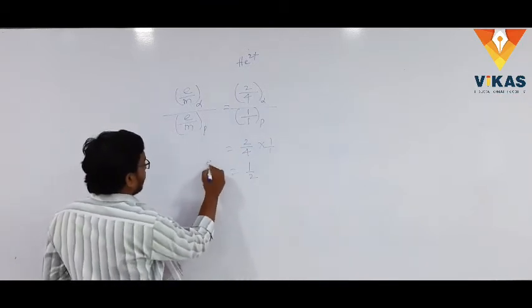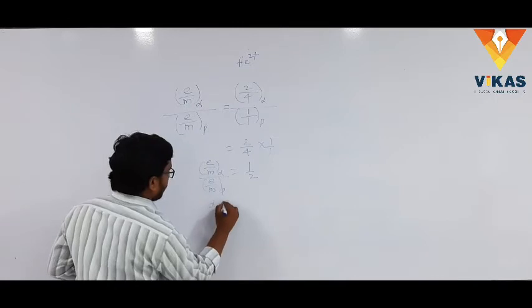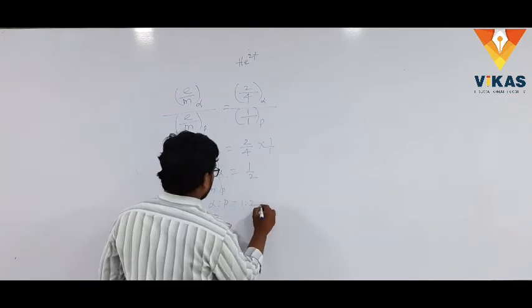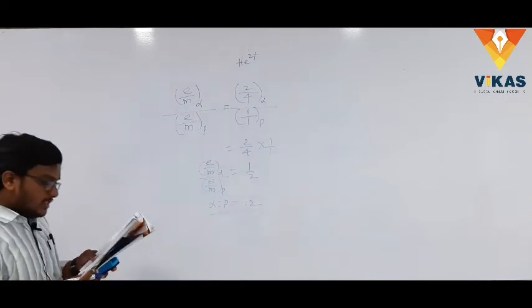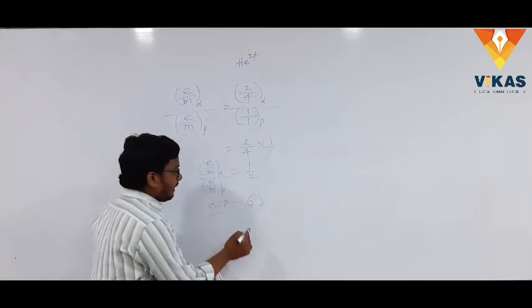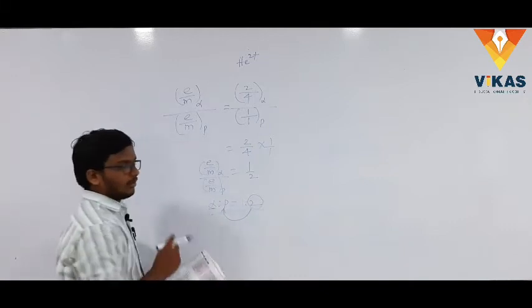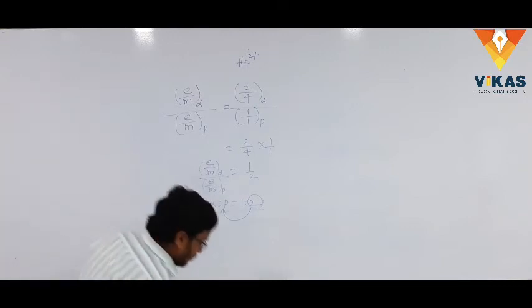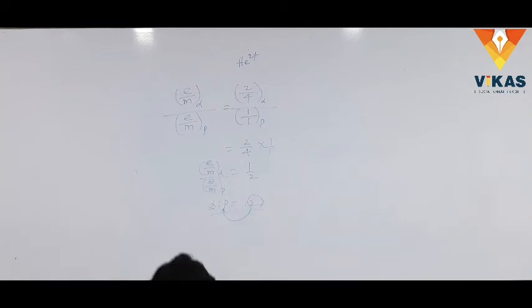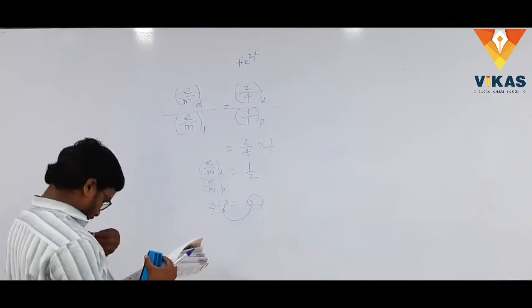That is, the charge to mass ratio of an alpha particle to the charge to mass ratio of proton is 1 is to 2, which means the charge to mass ratio of alpha particle is approximately twice. If I multiply with 2 that of the charge to mass ratio of proton, I will get the charge to mass ratio of an alpha particle. So, the correct option is twice. The correct option is 2.